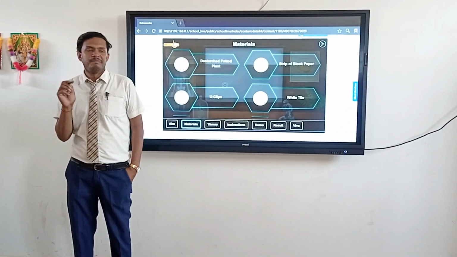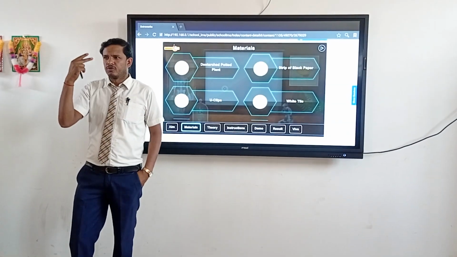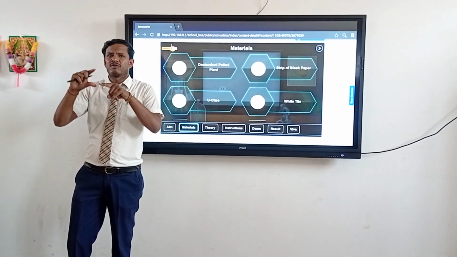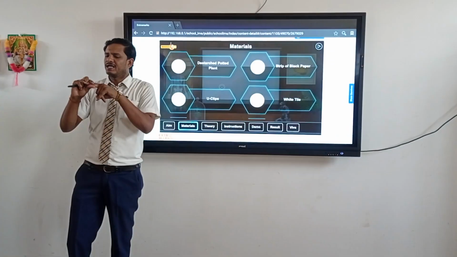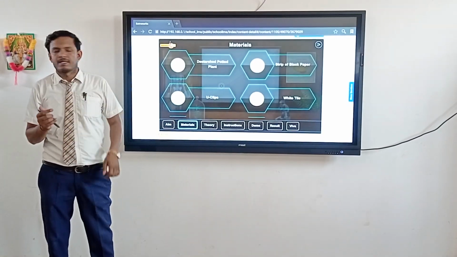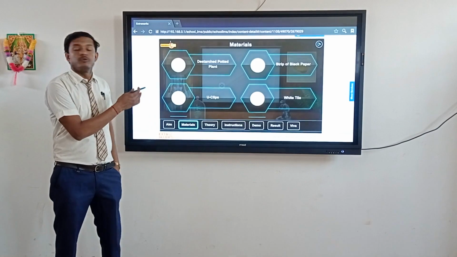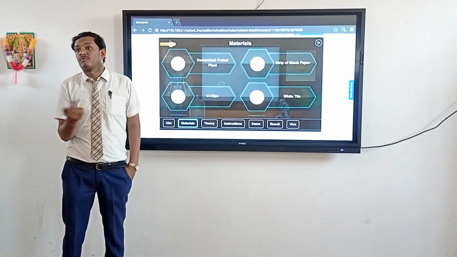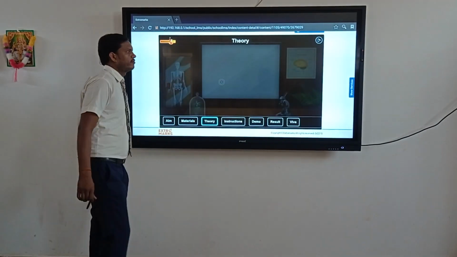Then U-clips, the clips that we use so that the leaf can be covered with the black paper, and we can fix the U-clip so that it doesn't move from its place. Then white tiles, and we will come to know why we need white tiles or a white background. Next is the theory of photosynthesis.